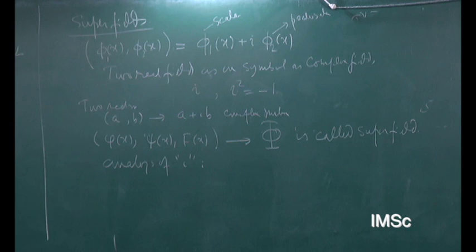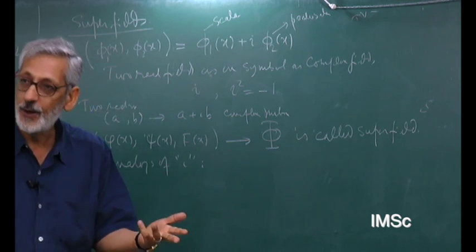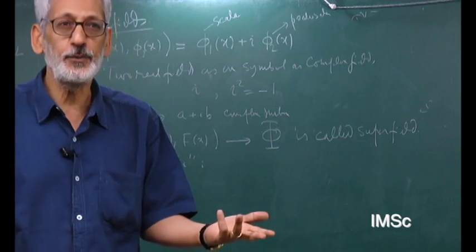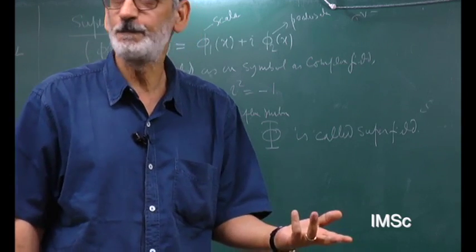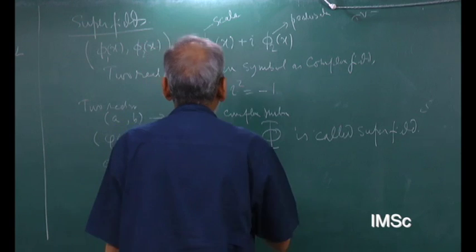So the corresponding analogue of I that I will introduce must carry Lorentz transformation properties. This is done through symbols.